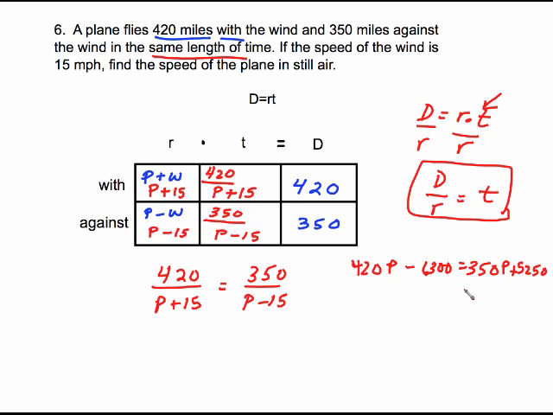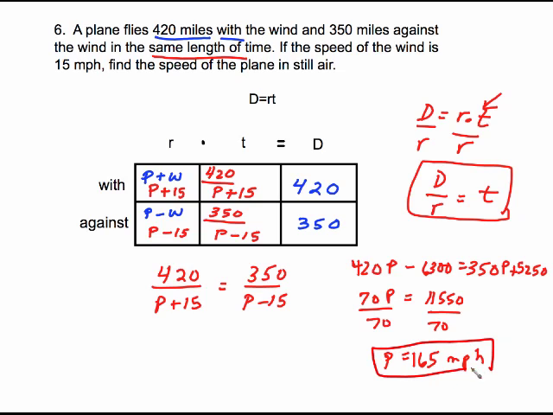So subtract 350p from both sides will give us 70p. Add 6,300 over here, and I get 11,550. Divide both sides by 70, and P equals 165 miles per hour. That is the speed of the plane in still air. And what still air means, there's no wind at all.